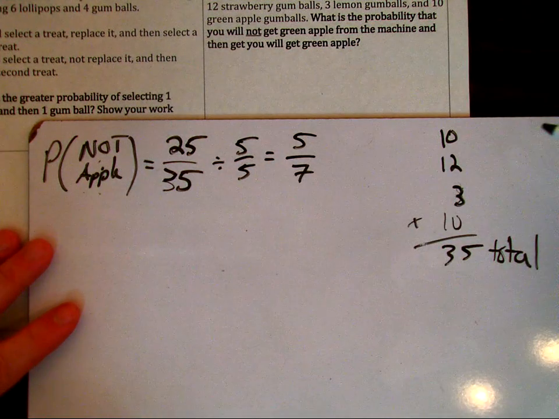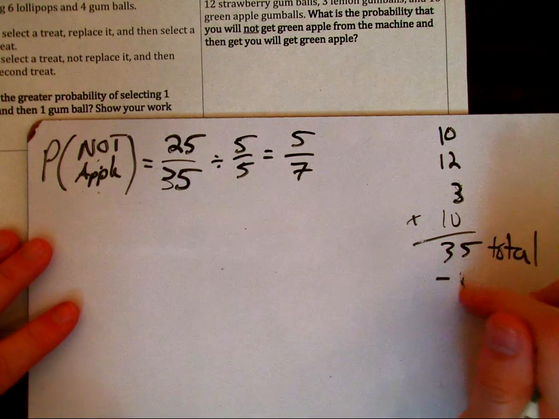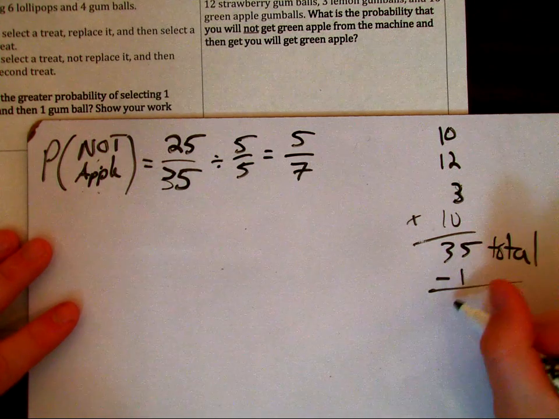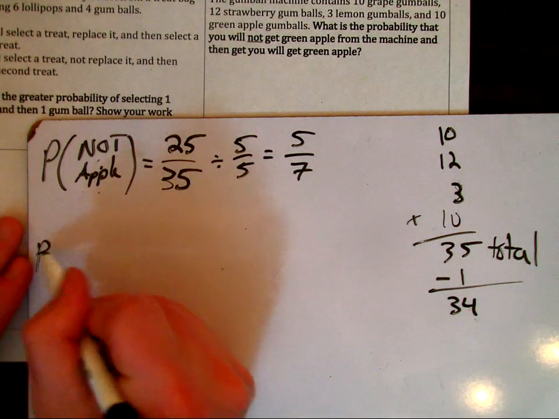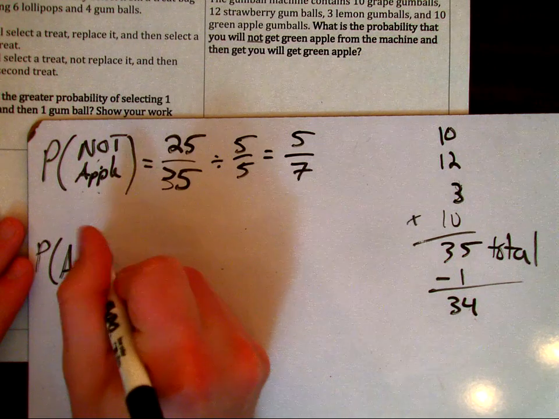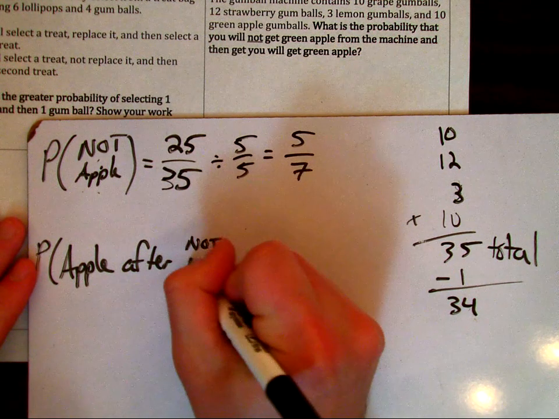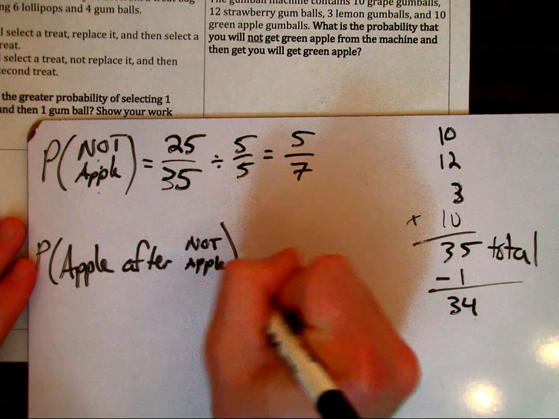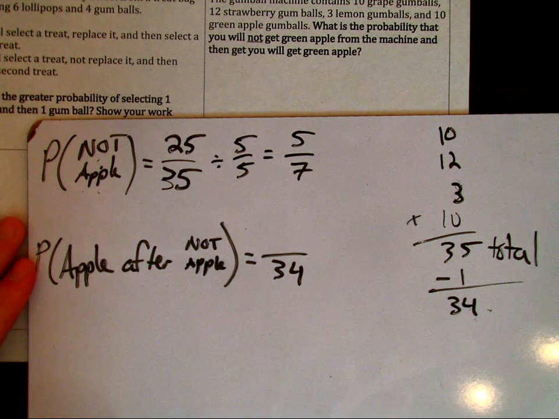Again, we take 1 out, so let's subtract only 1, and our new total is going to be 34. So the probability of picking a green apple after not apple is going to be out of 34, because that's how many are remaining.